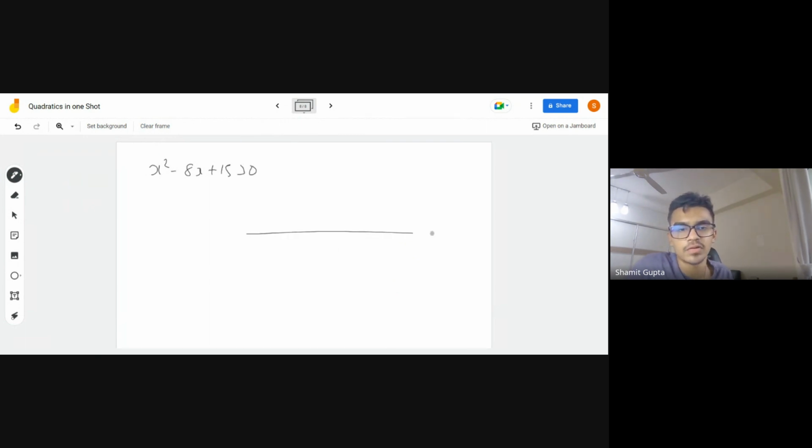Now I know the graph will look something like this. So they've asked me for the values where the graph is positive, means everything except this part.